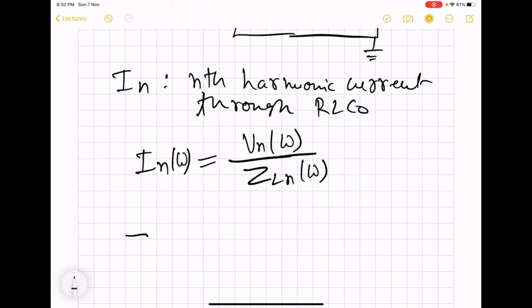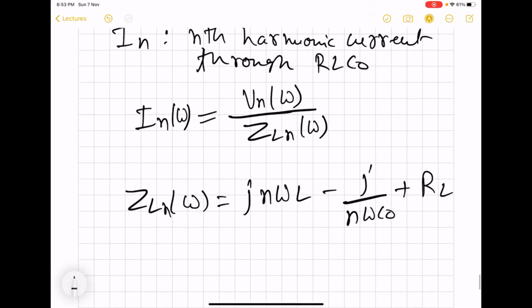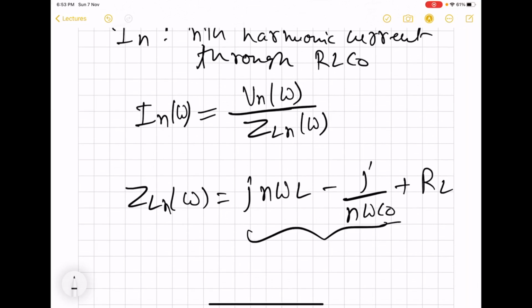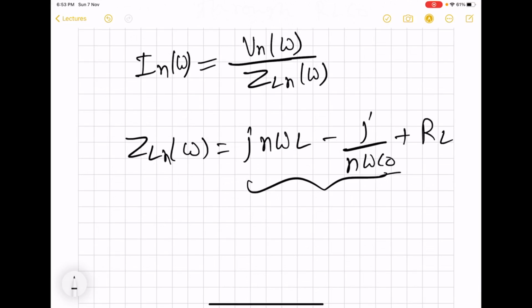For the nth harmonic, we know this impedance is going to be jn omega L minus 1 by j n omega C0 plus RL. So here we see that the imaginary part is going to get affected by the harmonic. So now we can see what the current will be because of the various harmonics.